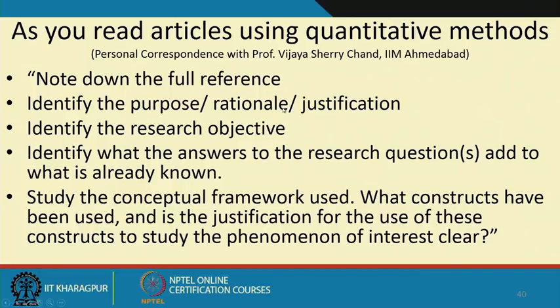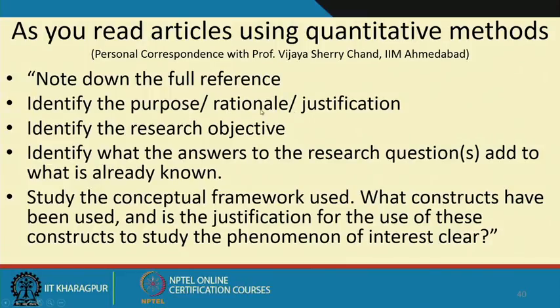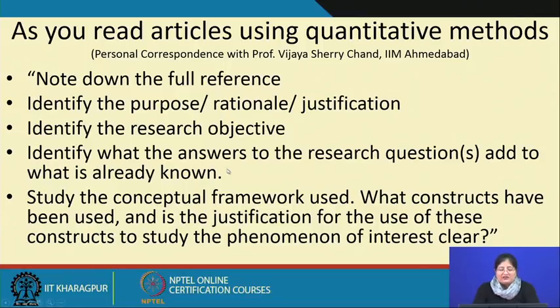What kinds of milestones did the author want to achieve in a quest to answer the questions that were asked here? And then you identify what the answers to the research questions were and what they added to what was already known. You will find all this information in the abstract.